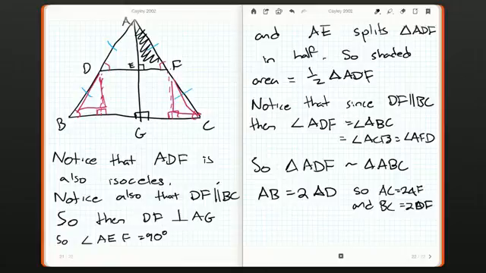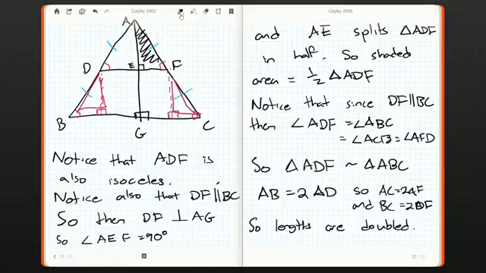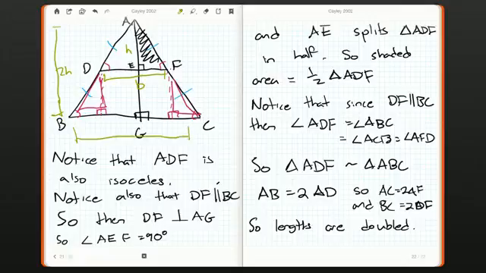So our lengths are doubled. So if we call this height H, then this height here is going to be 2H. And DF, we call that the base. We're going to have twice the base.